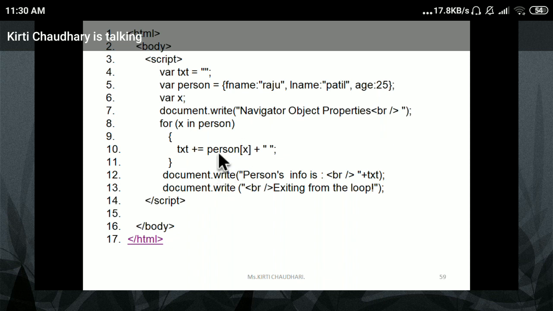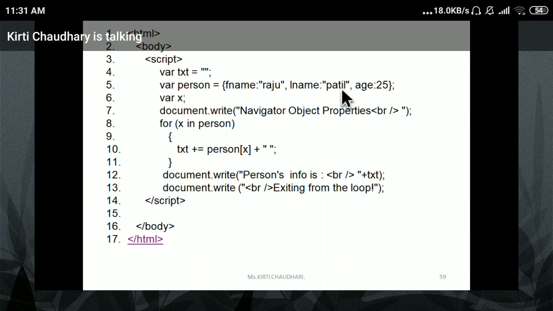So first time your text is blank. So person in bracket, the value Raju is assigned, plus space. Then next time it will go inside the loop.